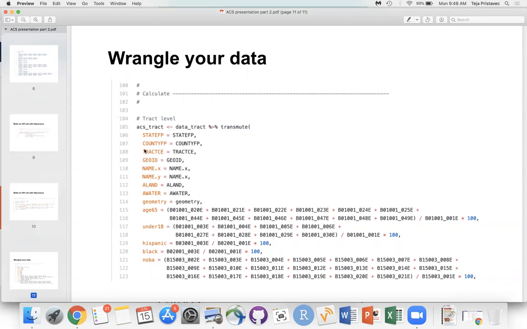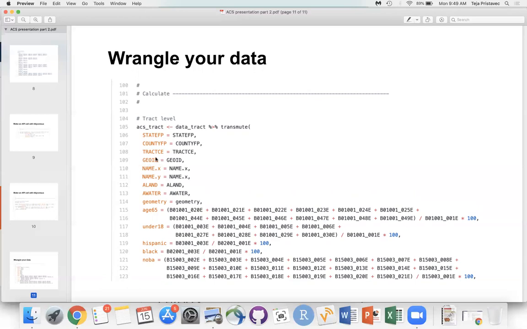Then you'll have this identifier for tract along the same levels. And then one important thing to pay attention to is the GeoID. The GeoID is the geographic identifier, which, if you pull a census data set for the decennial census and one from ACS and one from LODES and one from another federal data set, and they all have geographies, you'll be able to link them on GeoID.